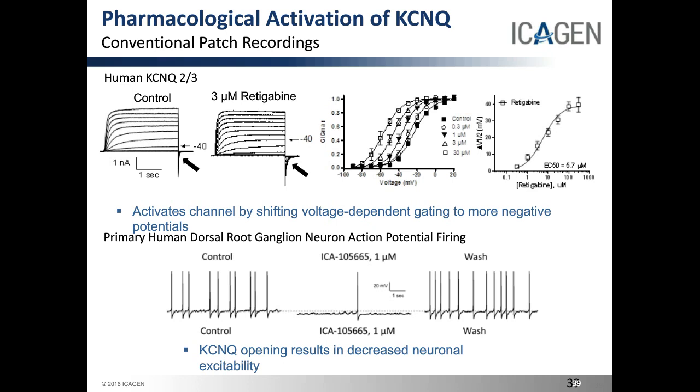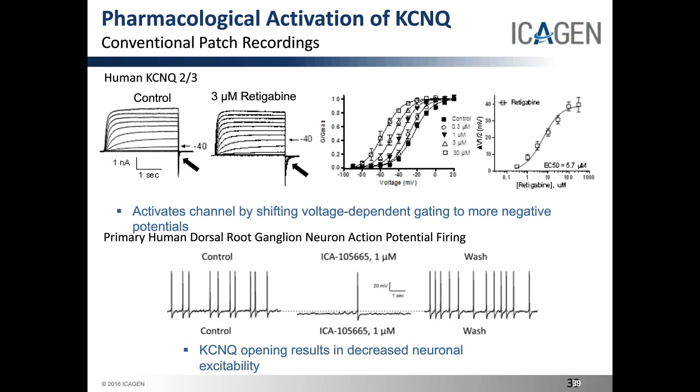From this data, we can determine the voltage required for activation of 50% of the total current. This V-half for activation is shifted along with the curves. So by determining what the shift in V-half is, we can then plot that, which is shown on the far right on the top, as the delta V-half for activation versus the concentration of the compound applied.